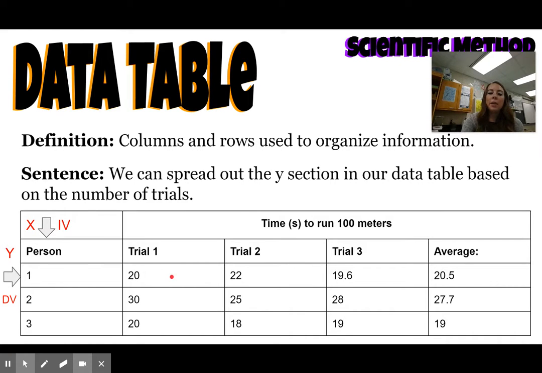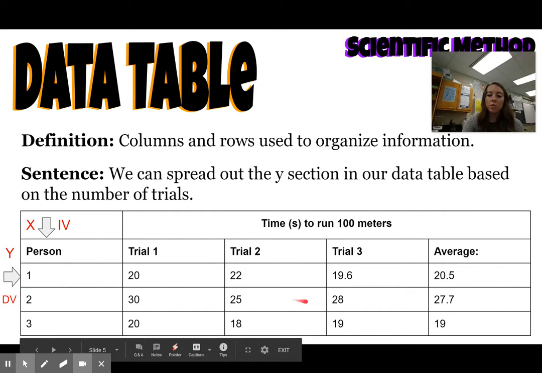So when you add up each of their times and then divide that number by 3, they got an average time of 20.5 seconds. And then you can see the times for person 2 and their average, and then person 3 on the bottom here and their average.